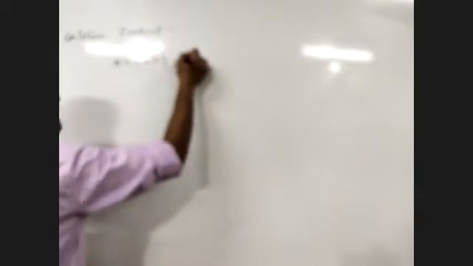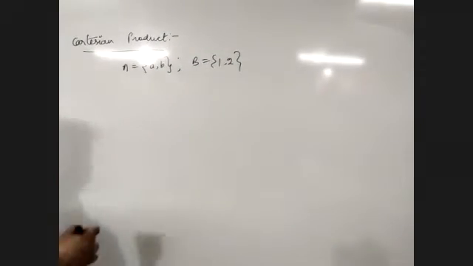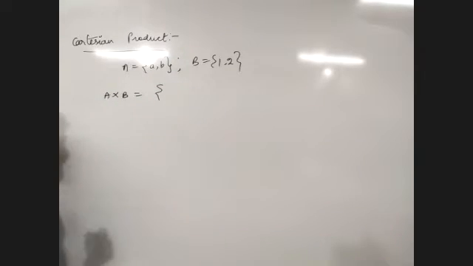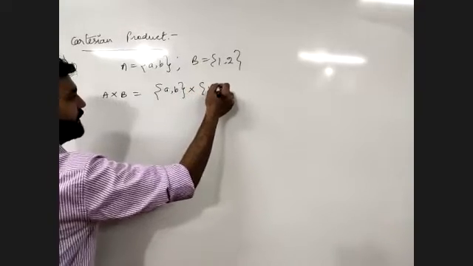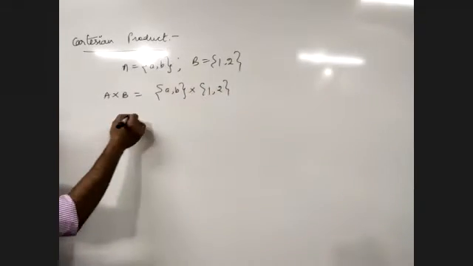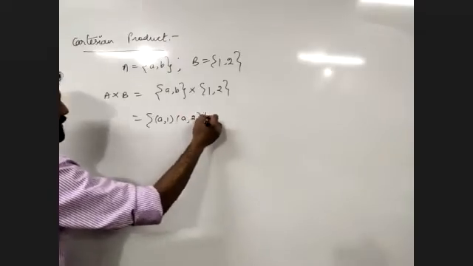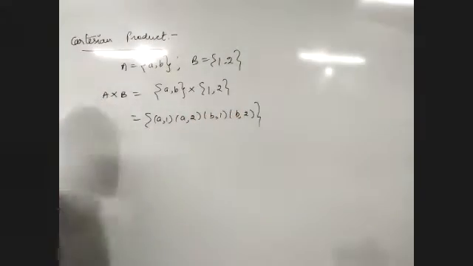{A, B} and {1, 2}. These are the two sets, and we need to find out their Cartesian product. So Cartesian product A cross B. So this will be {A, B} cross {1, 2}. So this will be (A, 1), (A, 2), (B, 1), (B, 2). Is it clear?